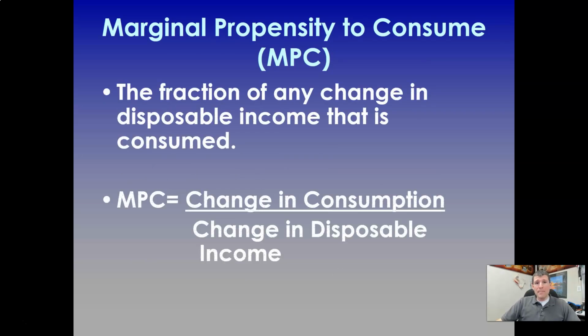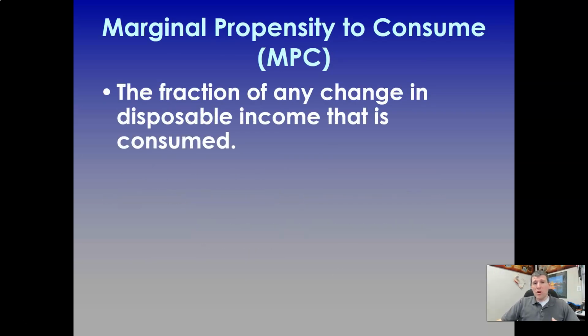Now the MPC, instead of looking at how much of your overall disposable income do you spend, it's looking at how much do you spend out of additional disposable income that you get. So let's say you already earn $100,000 and I give you another $10,000. What we're going to analyze here is what do you spend out of that additional $10,000 that I give you.